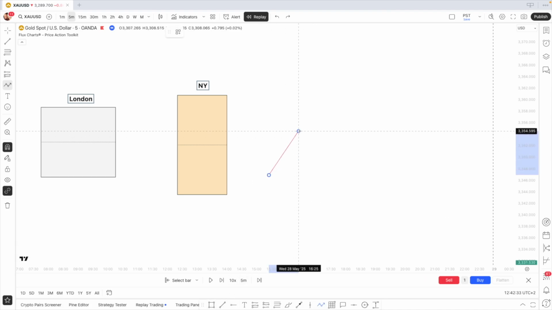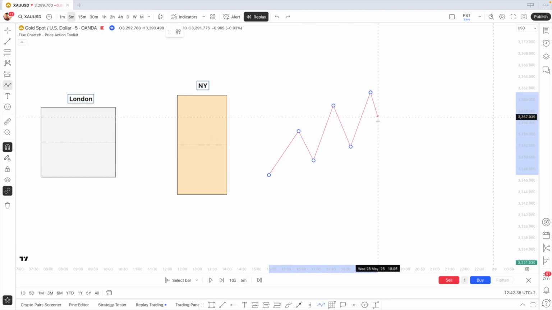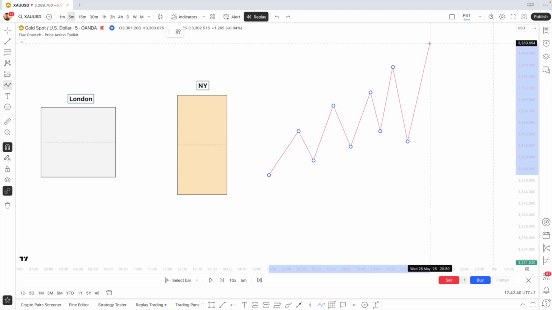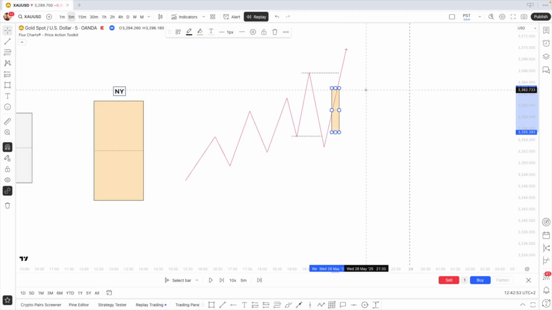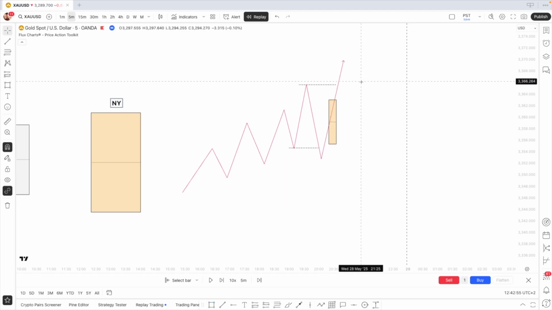If New York opens, we want a liquidity sweep, a market structure shift on the continuation, and also a fair value gap to enter our trades.